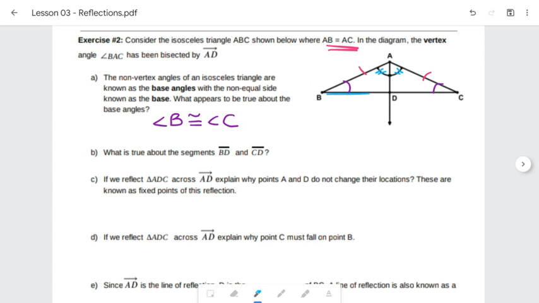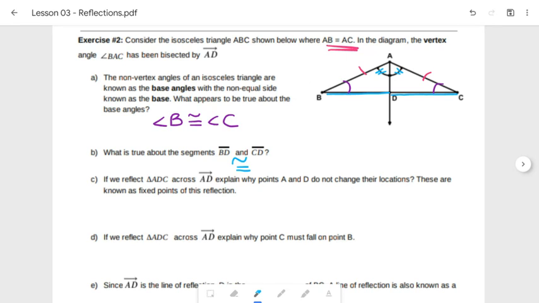BD is also equidistant to DC. So what's true about these 2 segments? They are congruent. Let me make that symbol a little bit better. Right? So they are congruent to one another. They're both equidistant from D. So both those points B and C are equidistant from D.